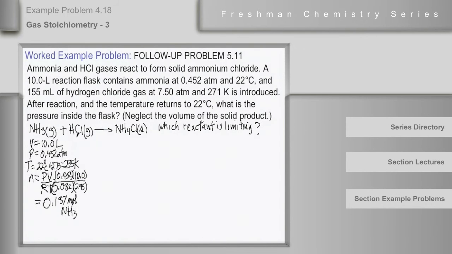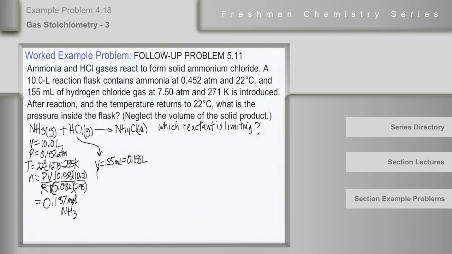If we do the same thing for hydrogen chloride, the volume is 155 milliliters, and we can see by inspection that is 0.155 liters.